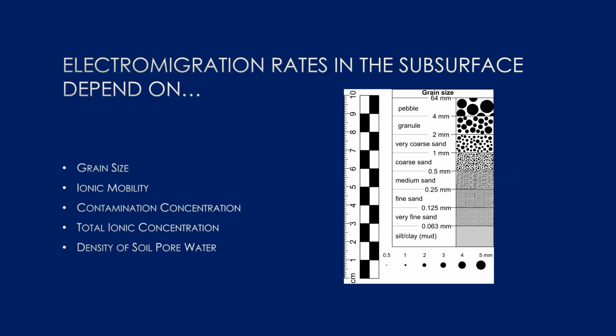Electromigration rates in the subsurface depend upon grain size, ionic mobility, contamination concentration, total ionic concentration, and the density of the soil pore water. The process is not as dependent on the fluid permeability of soil as it is on the pore water electrical conductivity and path length through the soil, both of which are a function of soil moisture content.